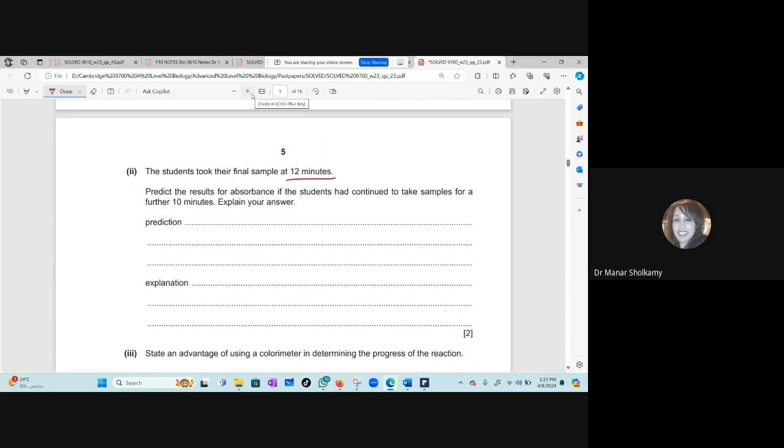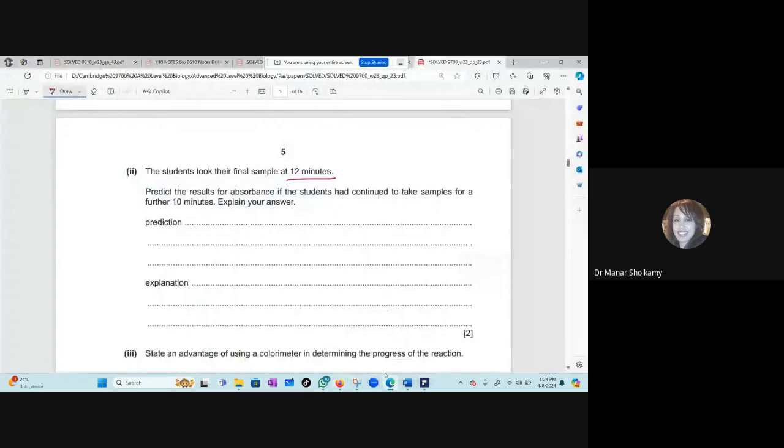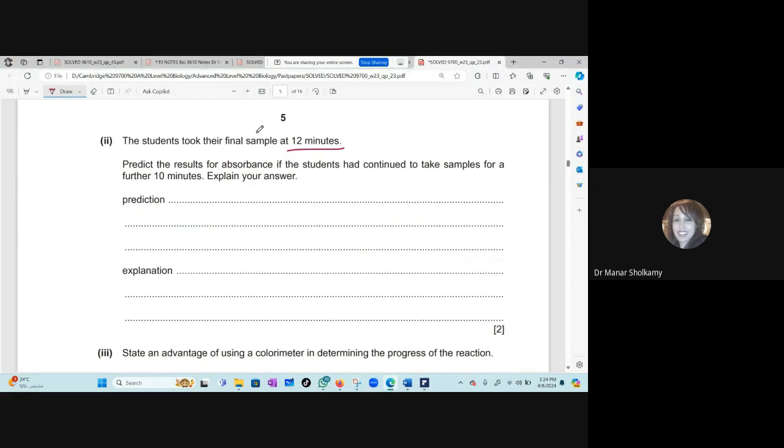Who do I have here? Farouk, you're not speaking. I did not hear your voice. What do you think will happen to the absorbency if I keep the reaction longer and longer? The color will become darker or it will stay constant?